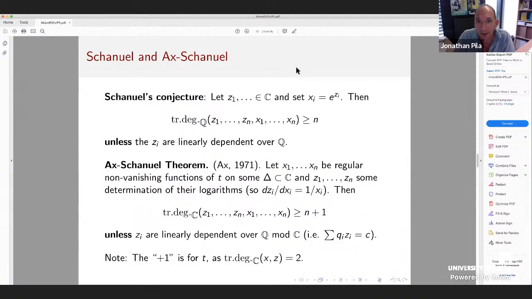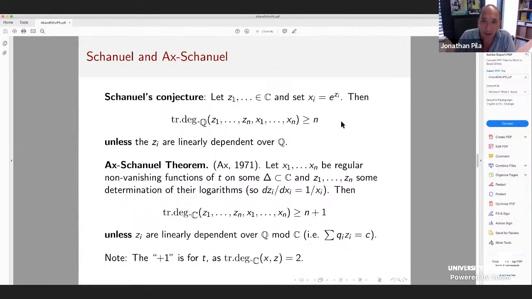Here, if z1 up to zn are complex numbers and the xi's are exponentials of the zi's, then Schanuel's conjecture asserts that the transcendence degree of all the xi's and all the zi's over Q is at least n, unless the zi's, which are the logarithms, are linearly dependent over Q.